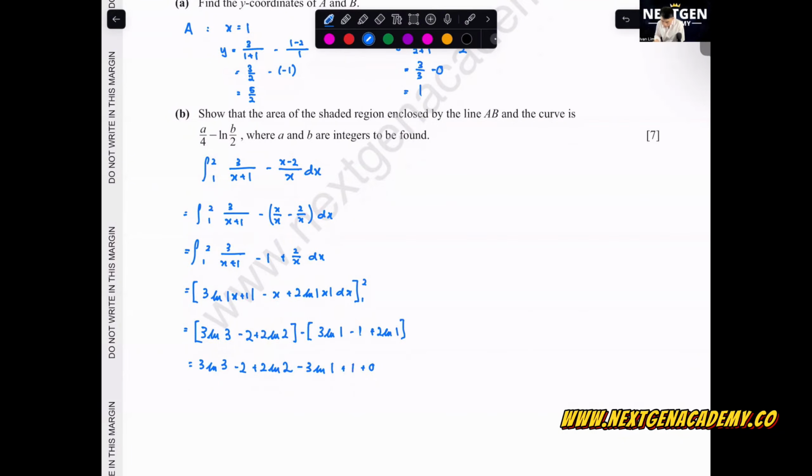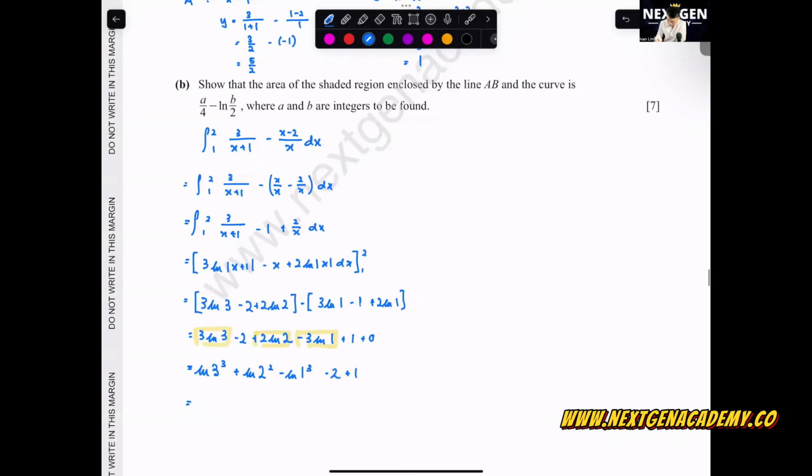They want the ln all put into 1, so I will gather all the ln together. Let's change it all to power first: ln 3 cubed plus ln 2 squared minus ln 1 cubed, then minus 2 plus 1.